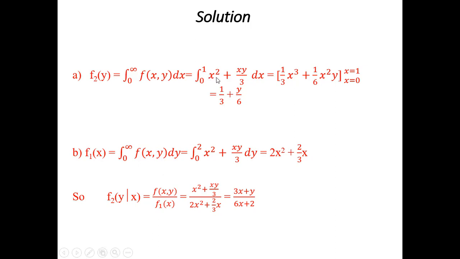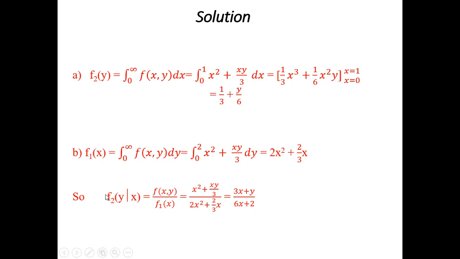When we work this out, this becomes 1/3 x cubed, and this would become x squared y over 2 times 3, or 1/6, with x going from 0 to 1. When x is 1, we get a 1/3, and we're left with y over 6. So that's part A.